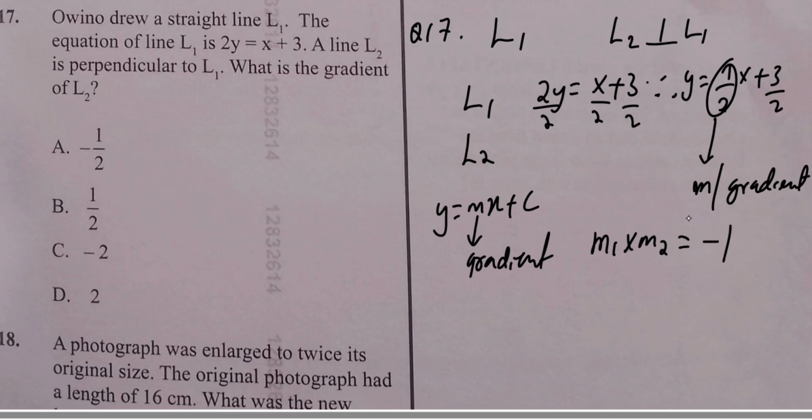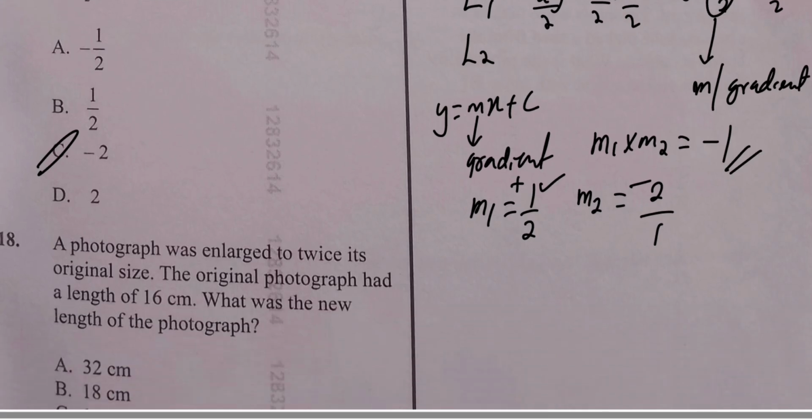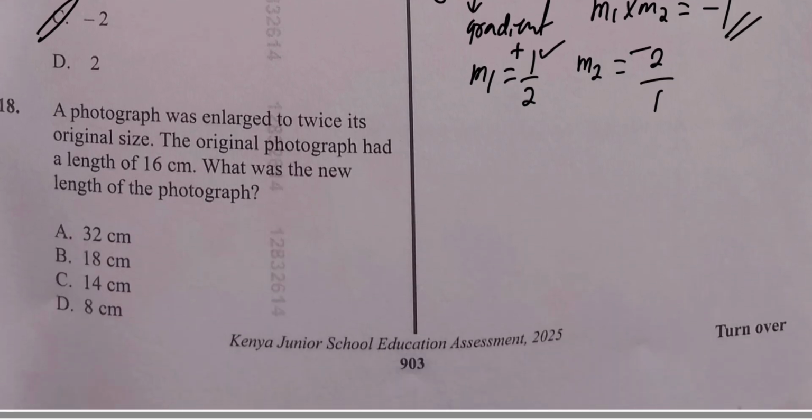What does this mean? That if you multiply the two gradients, it gives you -1. In short, if your m1 is a half, your m2 should be the reciprocal of a half, which is 2 over 1. But now when that one is positive, the m2 becomes negative, so your gradient is -2. So yeah, it's very easy.